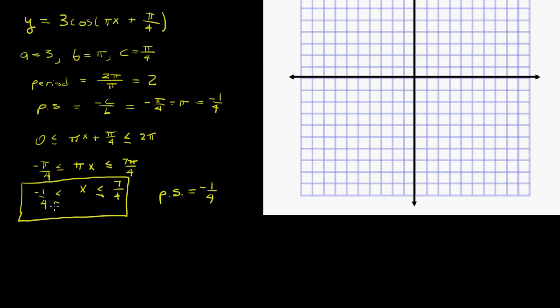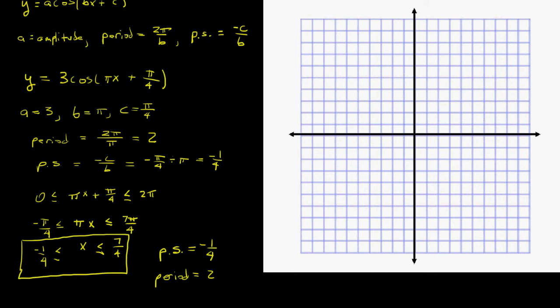So we'd have 7/4 minus minus 1/4 would be 7/4 plus 1/4, or 2. So in either case, when using the formulas or using the method of solving for x in the compound inequalities, we get the same information. Now let's go up and make the graph.